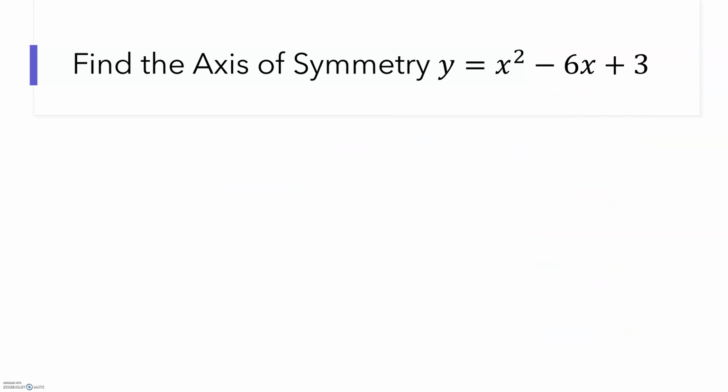Now, when we have a general form, for example, this equation y equals x² - 6x + 3, we will need to first put it into the form using complete the square. Since we have a -6 here, we need to halve it, and then we get -3.